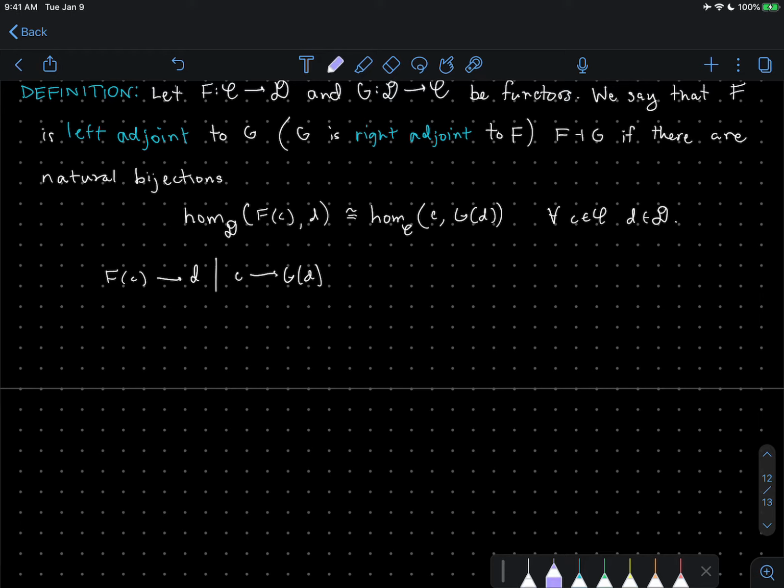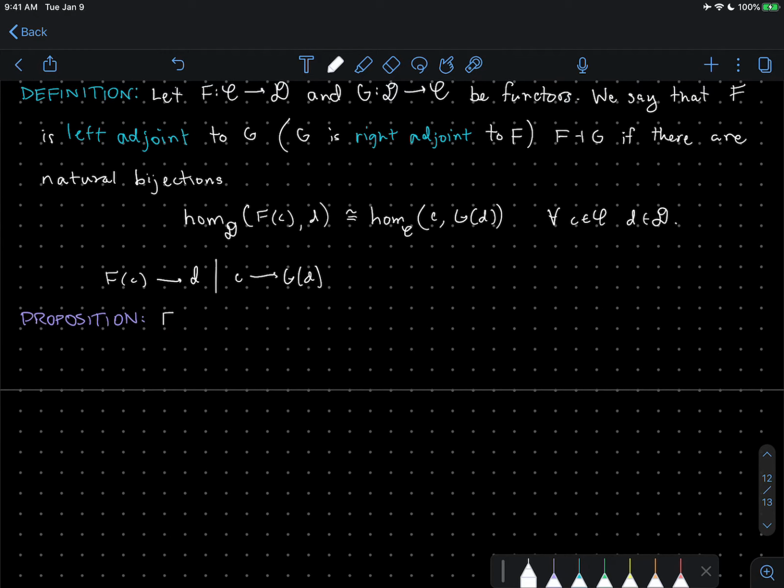So the proposition that I will leave up to you to formulate precisely and prove, should you so wish, is that in the setting as above, F is left adjoint to G, G is right adjoint to F, if and only if there exists an adjunction between them.